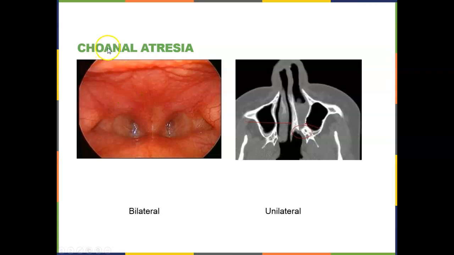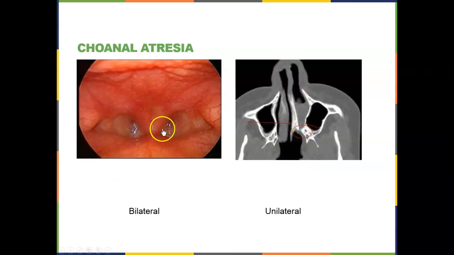Choanal atresia is a disorder in which you have a blockage at the back of the nasal cavity. A unilateral choanal atresia, where you have a blockage on one side, will still allow you to get air in, but it's not as effective because you're not getting as much air in.